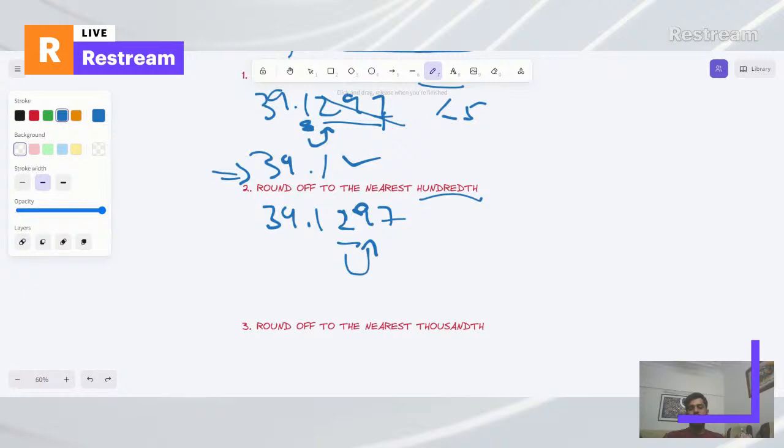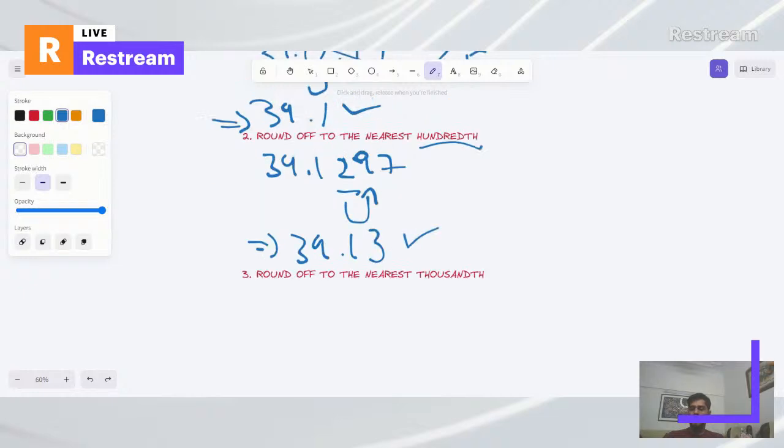If the next number is greater than or equal to 5, we add 1, so our answer becomes 39.13. Is this clear? Do you guys have any questions? Feel free to ask me. So the ones that asked me to do the second one, do they get it now? How are you solving question number 2?